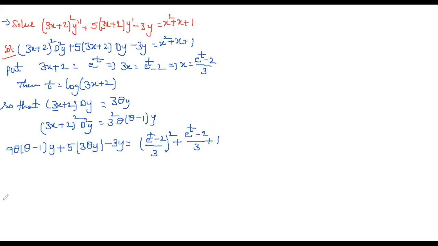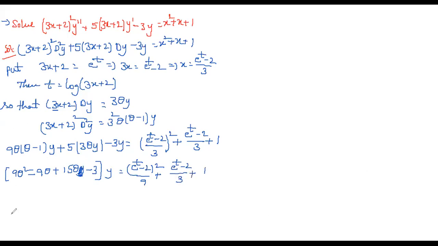And now you have to simplify this. Here y is the common one. If you multiply, 9 theta square minus 9 theta plus 15 theta y minus 3y, so you can take y as common in the entire expression. This is equal to e power t minus 2 whole square by 9 plus e power t minus 2 by 3 plus 1.